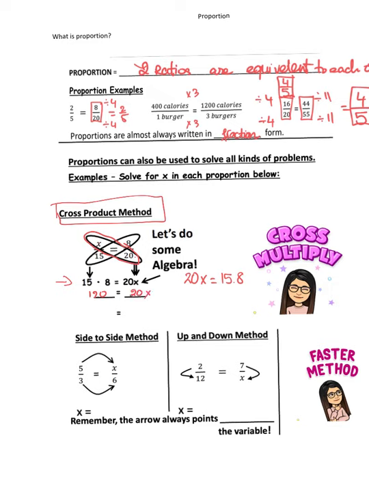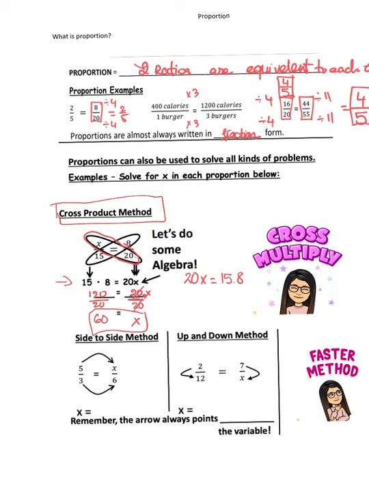Now it has become a one-step equation. To isolate the variable, you're gonna do the inverse operation. What is the inverse of multiplication? Division, right? So divide on both sides. Your 20/20 is 1, so x will be equivalent to 60.